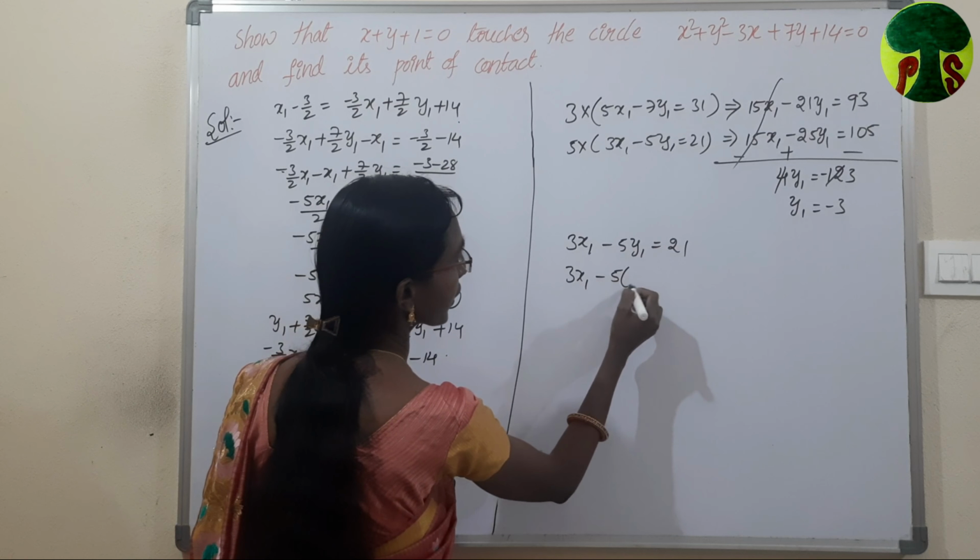Then 3x1 is equals to 6. 3 ones 3, 2. So x1 is equals to 2. Therefore, the point of contact is equals to x1 comma y1 which is equals to 2 comma minus 3.